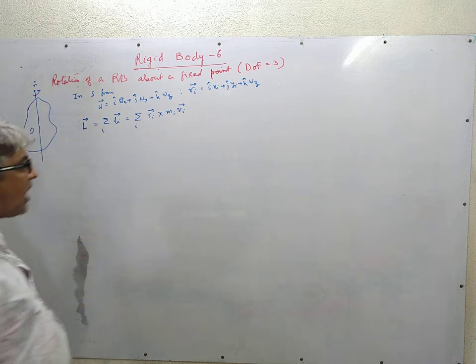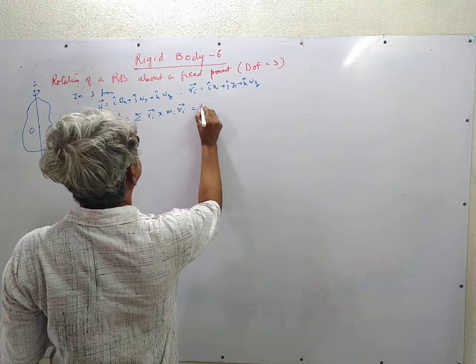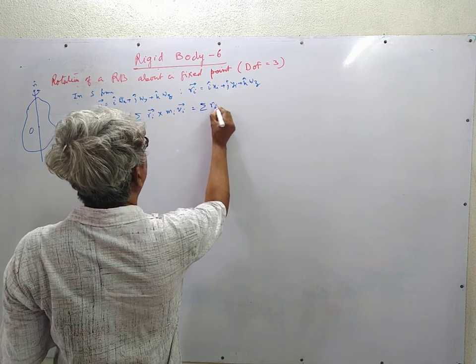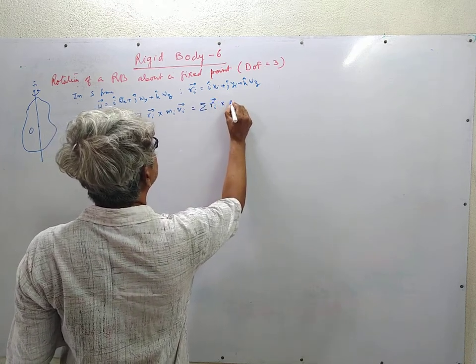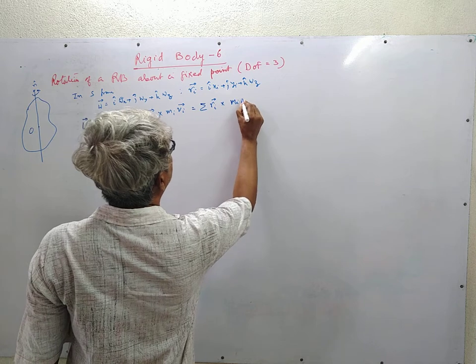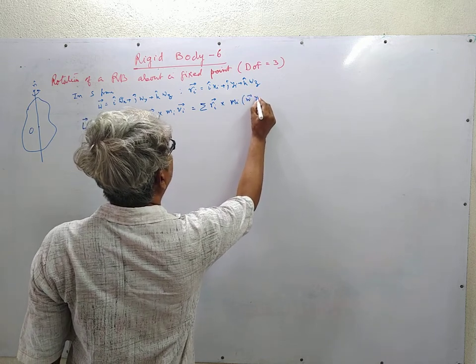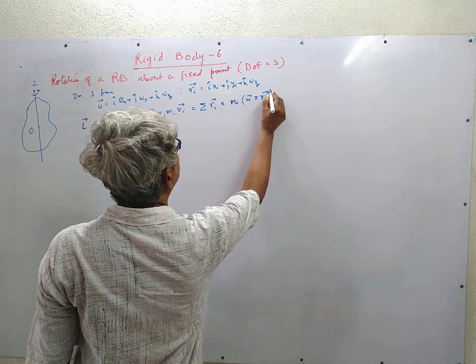Now this Vi can be written as omega cross Ri.